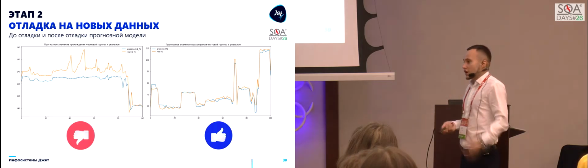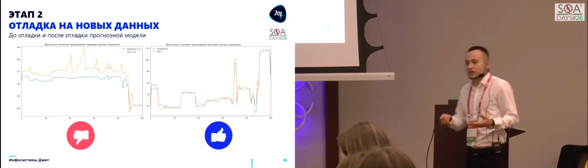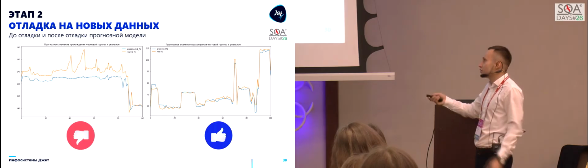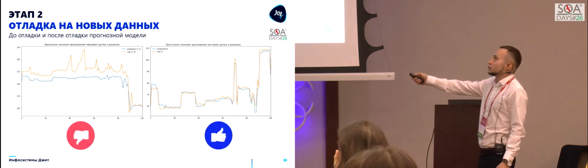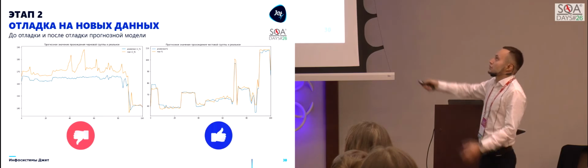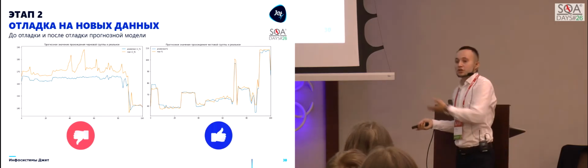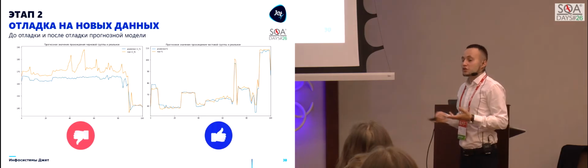Then the model is additionally trained, and there are some restrictions put on it, and we see a different picture. We see how the graphs become similar.